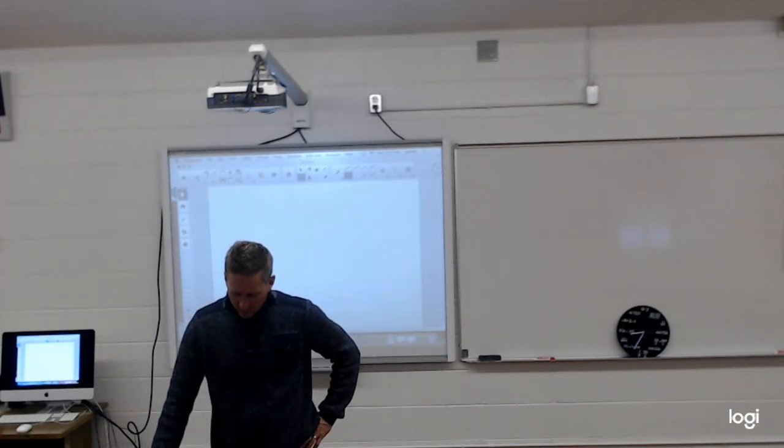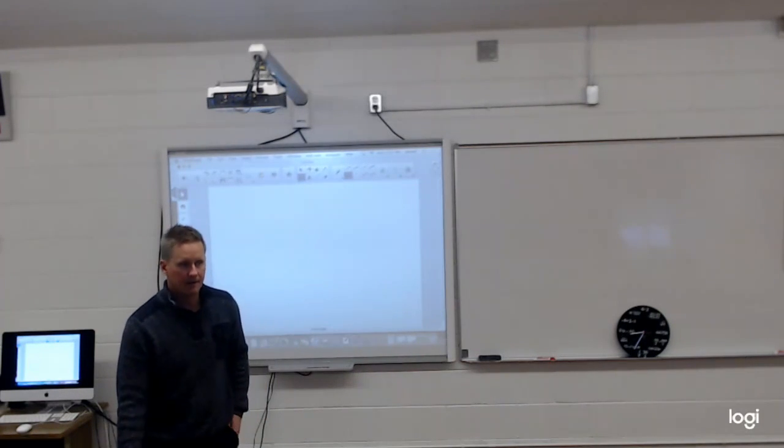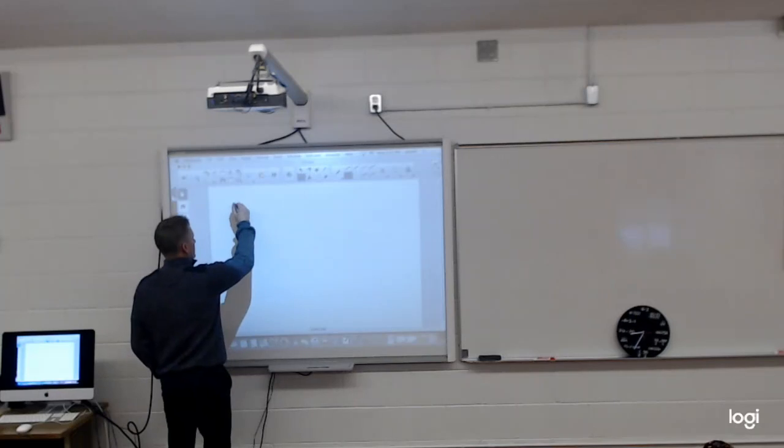A ball is thrown from the top of a building with a horizontal velocity of 20 meters per second, and hits level ground 80 meters from the face of the building. How high is the building? Okay, same idea on this question.